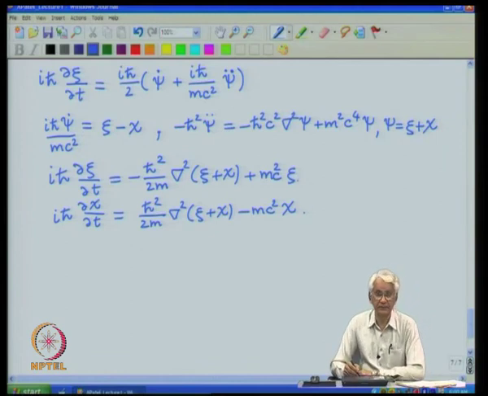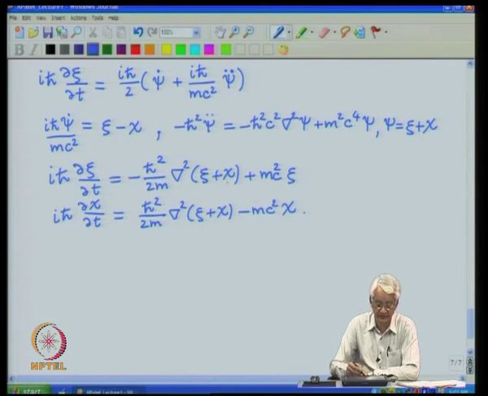And these two equations now look very similar to Schrodinger's equation. There is a first order time derivative, there is an h cross squared del square by 2 m operator which represents the kinetic energy, and then this m c square essentially represents the rest mass energy, which can be added easily by hand into the Schrodinger equation. What is different is that the equation for zeta now involves an extra contribution from chi and vice versa, and this extra contribution can be interpreted as the contribution of relativistic corrections.